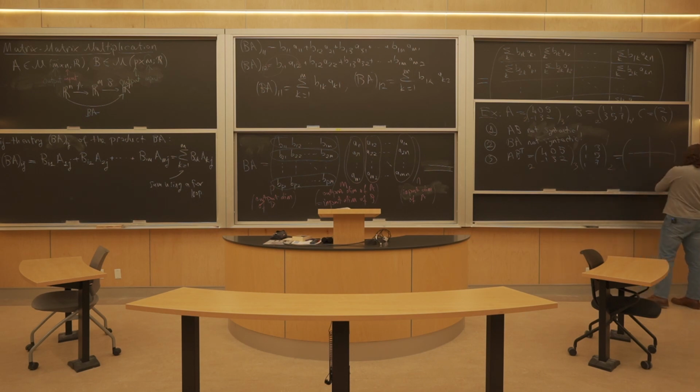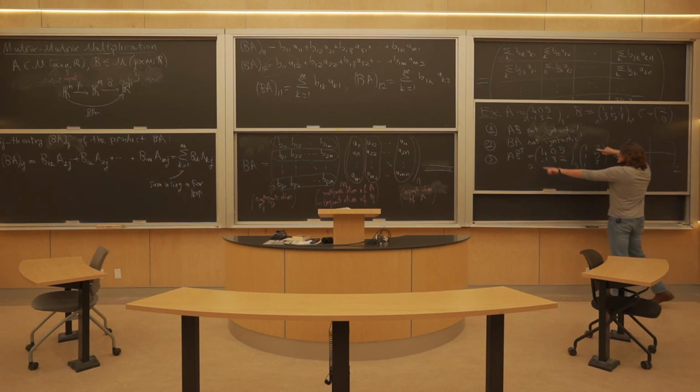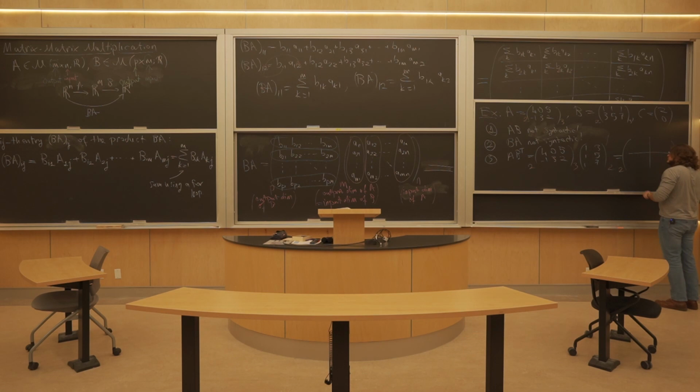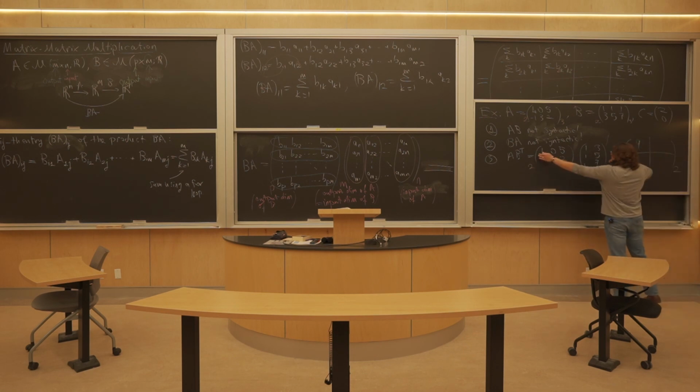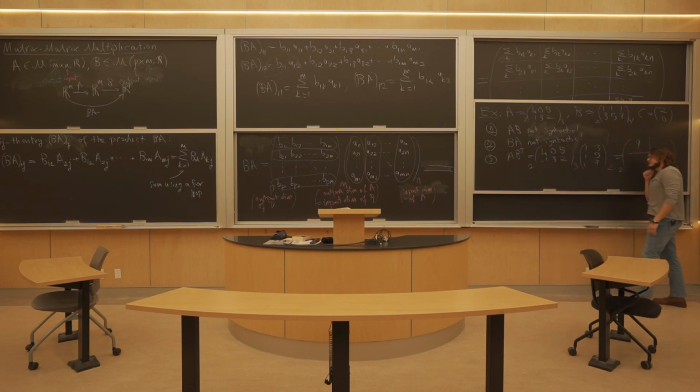To compute this, I need to take the first row of the left one and the first column of the right one. 4 times 1 is 4, 0 times 1 is 0, 5 times 1 is 5, which means that this number should be 9. 4 times 3 is 12, 0 times 5 is 0, 5 times 7 is 35. 12 plus 35 is 47. And that's the number that I have.